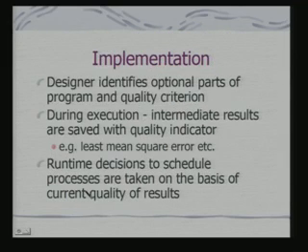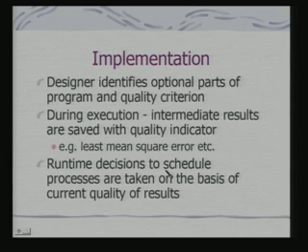So, how is a monotone job implemented? The designer identifies optional parts of the program and quality criteria. I had already talked about the quality criteria. During execution, intermediate results are saved with quality indicated. It may be a least mean square error etc., or any other error measure for that matter.